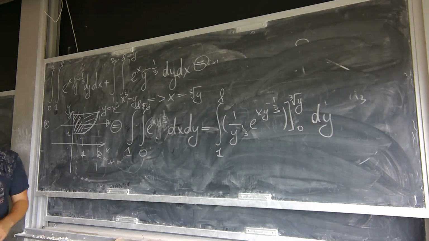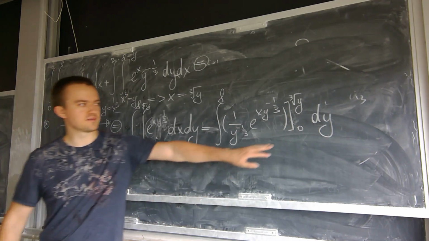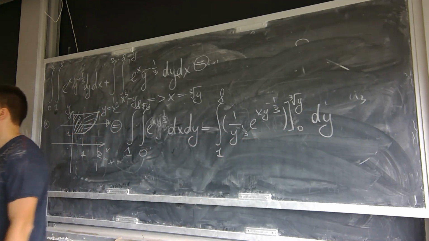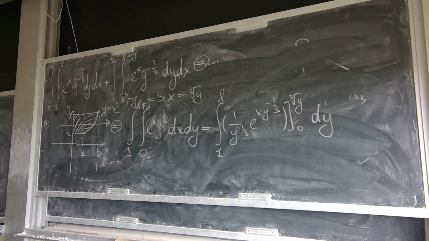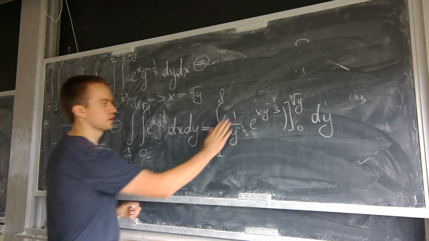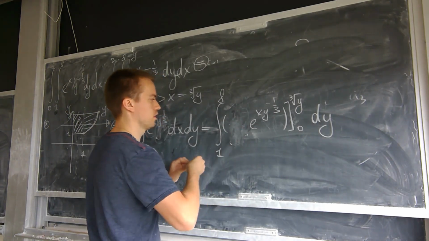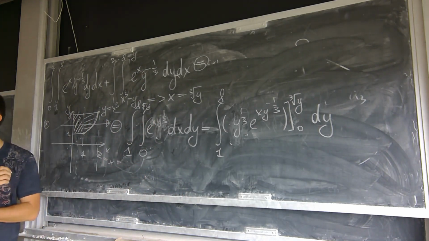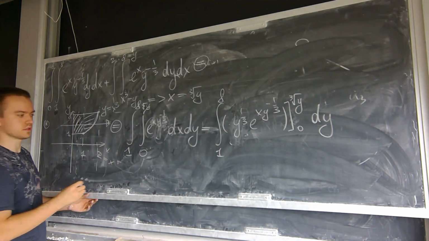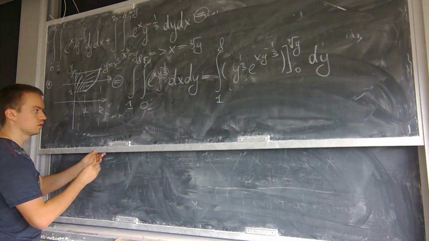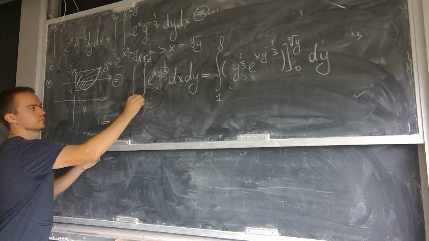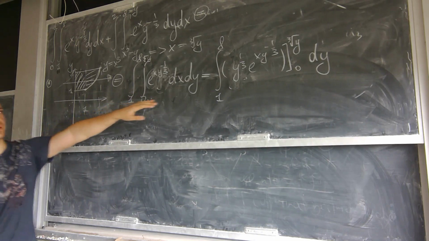Thumbs up, you got this? Okay. I got kind of stuck. I have 0 over here, and I have y in the denominator. But y is not a problem.